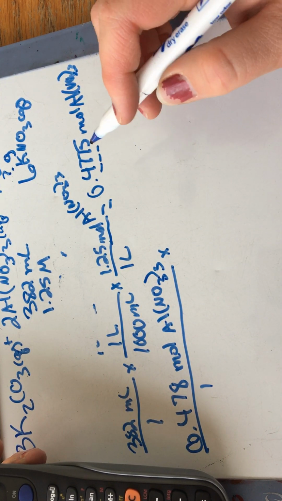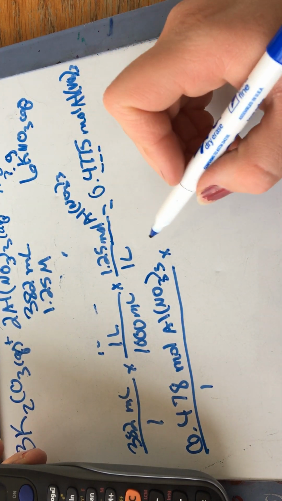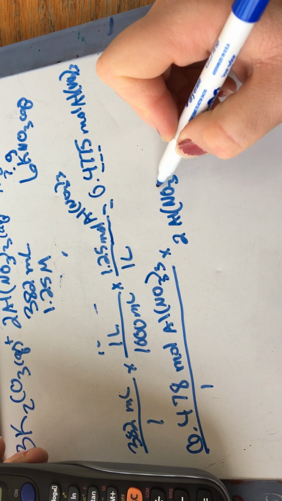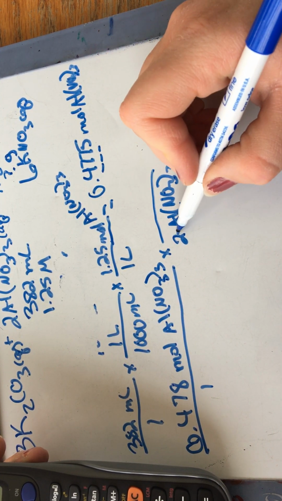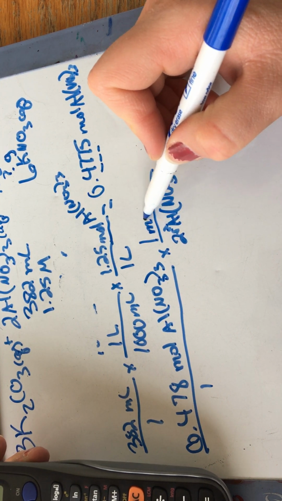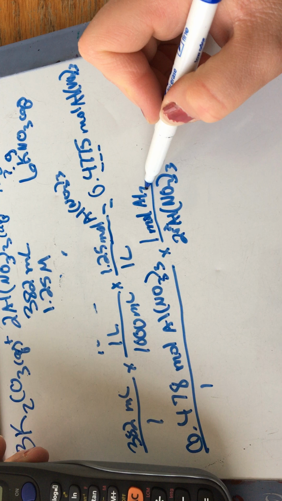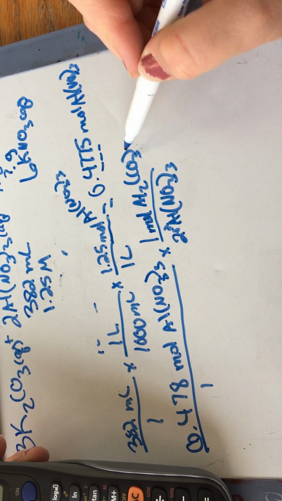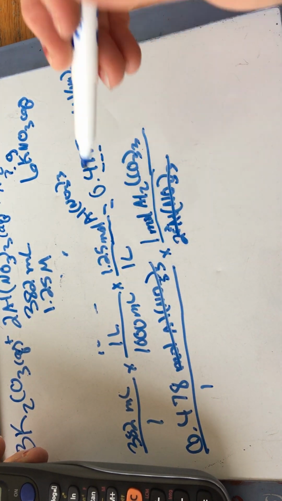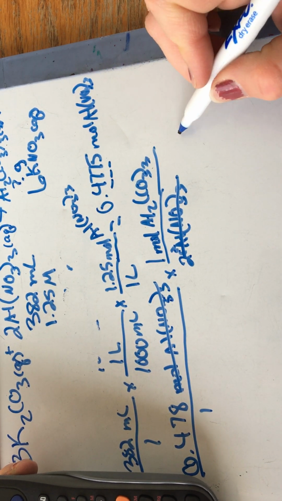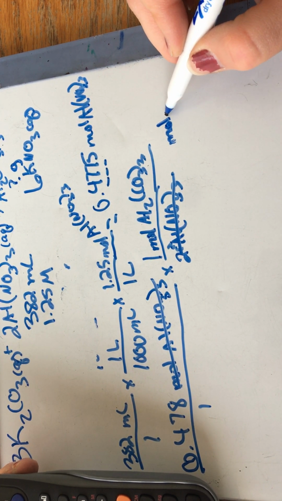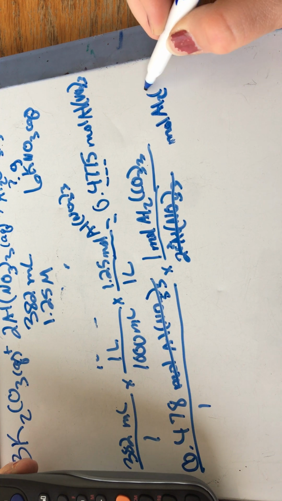So aluminum nitrate, and we're going to find, we have 2 aluminum nitrates on the left side in comparison, whoops, that's in a mole there, to 1 mole aluminum carbonate. So when we do that, it will leave us with mole aluminum carbonate.